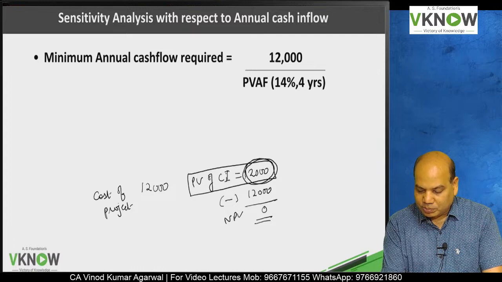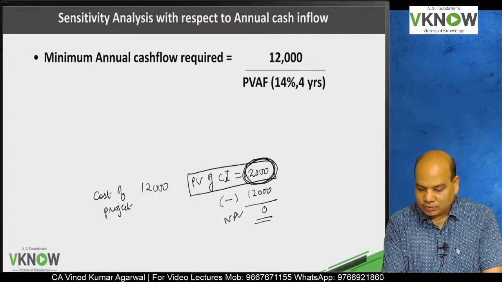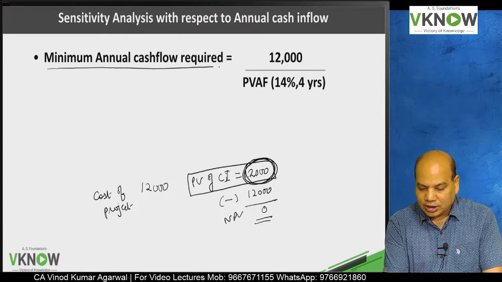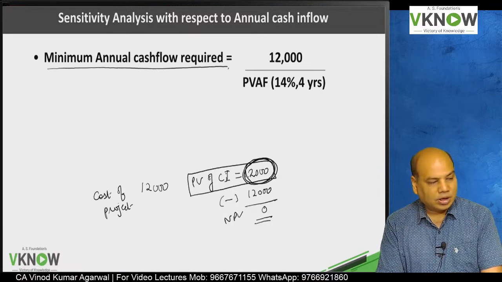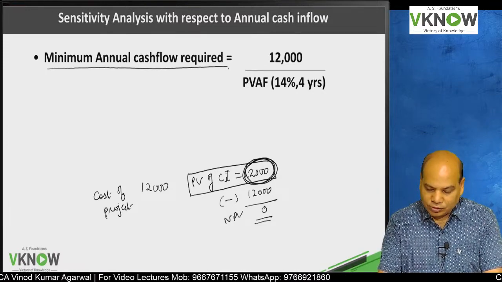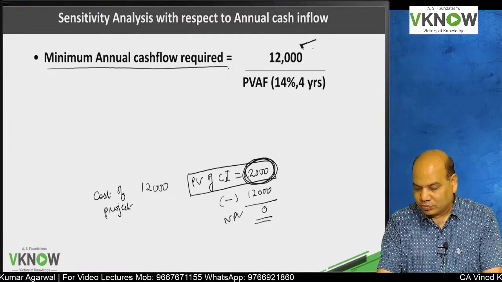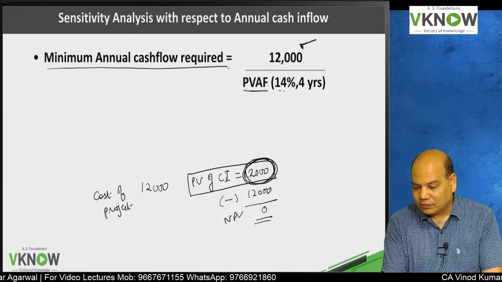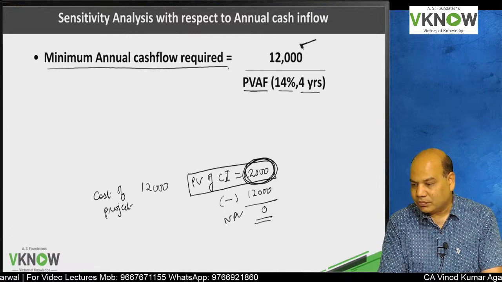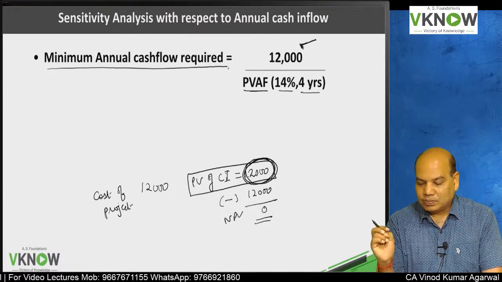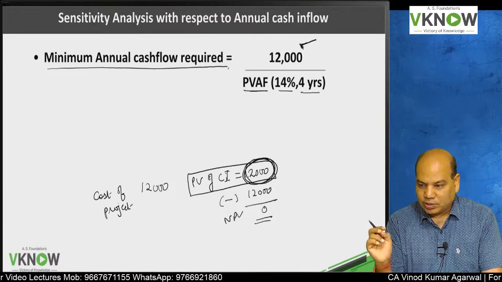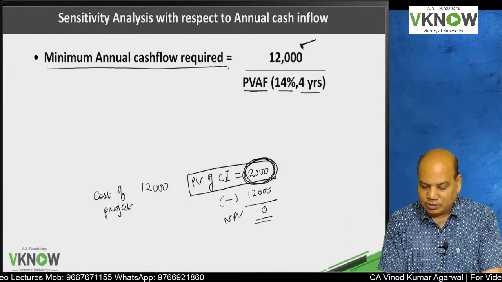So to get the PV of cash inflow 12,000, how much should be the annual cash inflow? The annual cash inflow will be 12,000 divided by annuity factor for 14% and 5 years. Then only your present value of cash inflow will be 12,000 and your NPV will be 0.